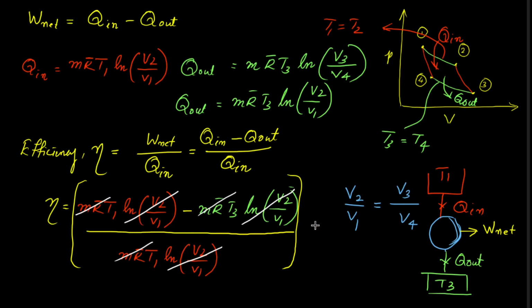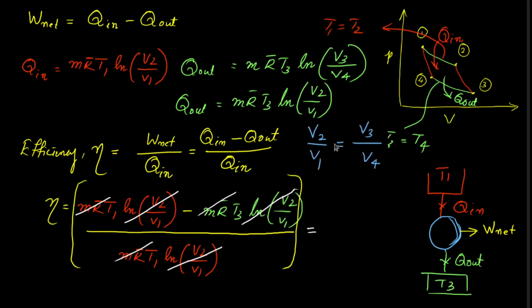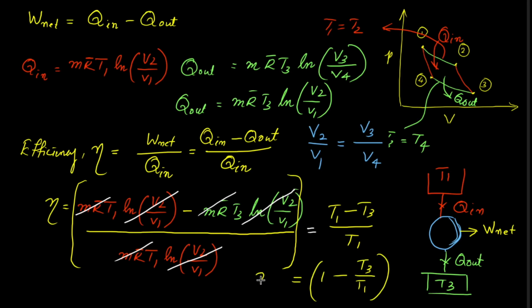So if you collect the remaining terms, you will get T1 minus T3 divided by T1. So that is equal to 1 minus T3 by T1. So this is our efficiency of a Carnot cycle.